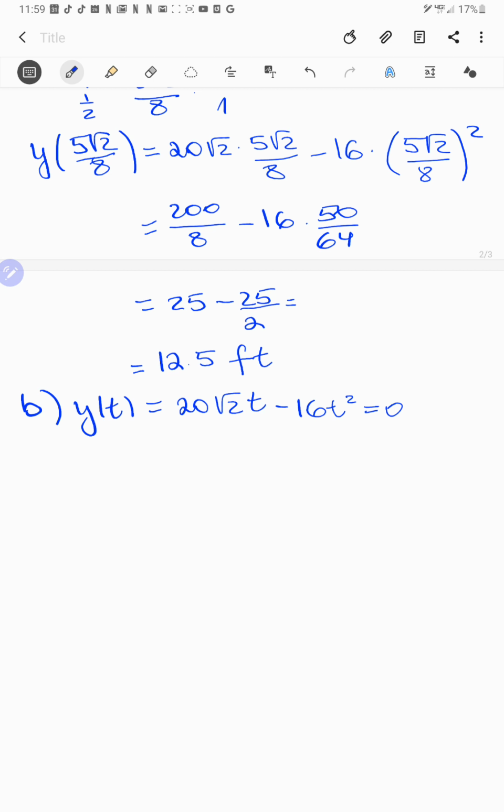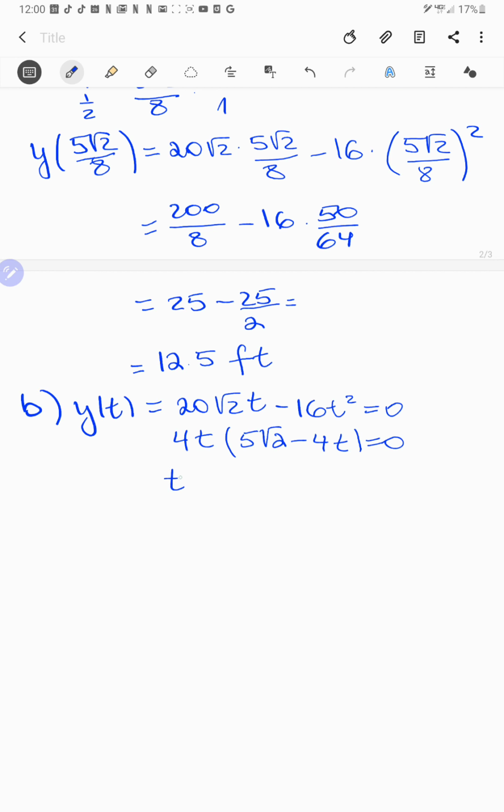So solving this, we see that we can factor out maybe 40 from both of them. So here we'll be left with 5 square root of 2. Here we'll be left with 40 equals to 0.